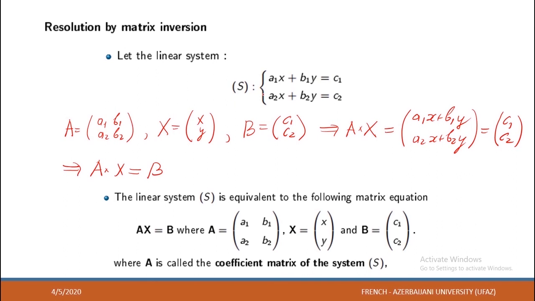The system S is equivalent to the following matrix equation, AX is equal to B, where A is the matrix of a1, b1, a2, b2, X is the matrix of x, y, B is the matrix of c1, c2. The matrix A is called the coefficient matrix of the system S.